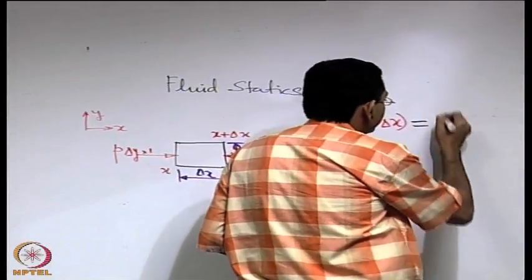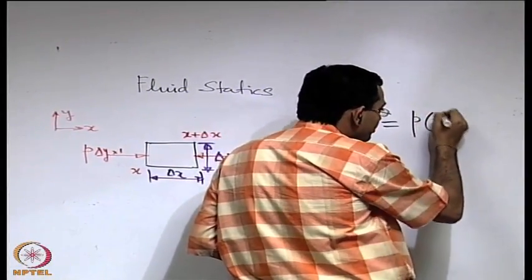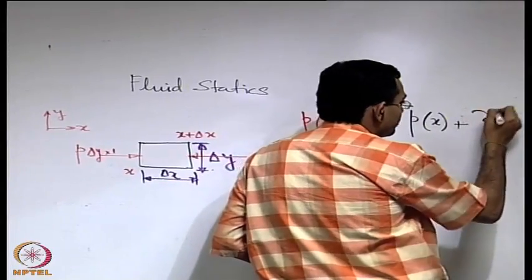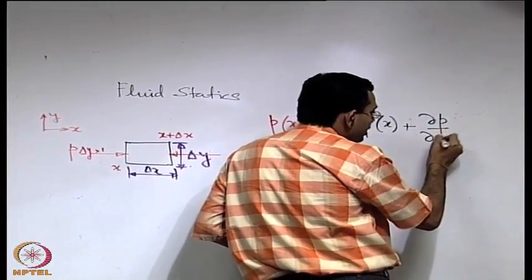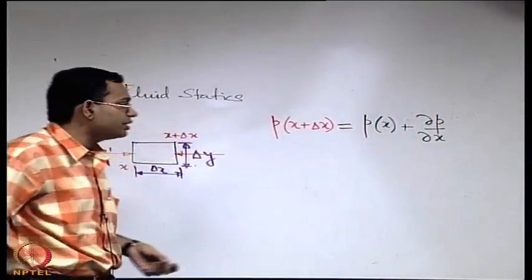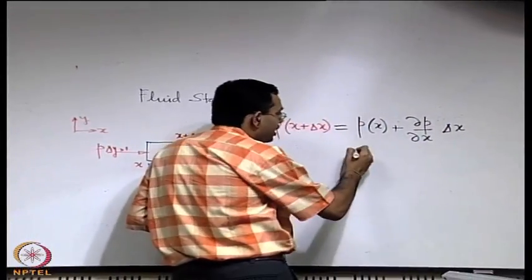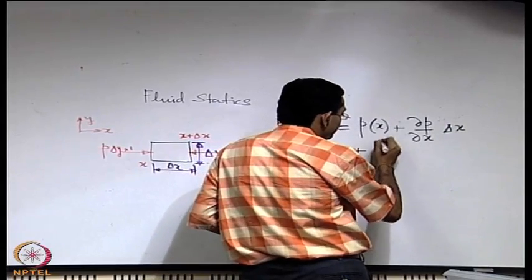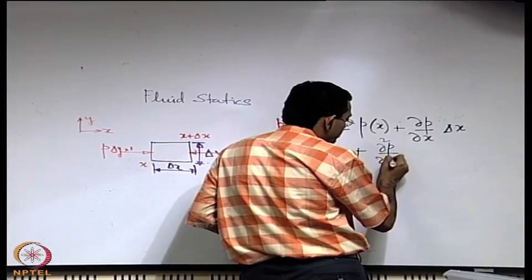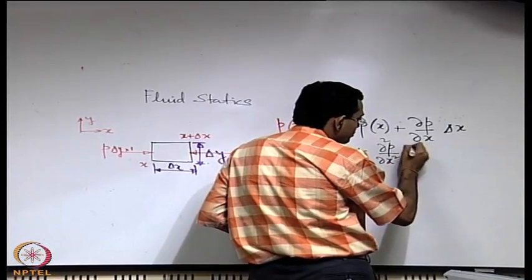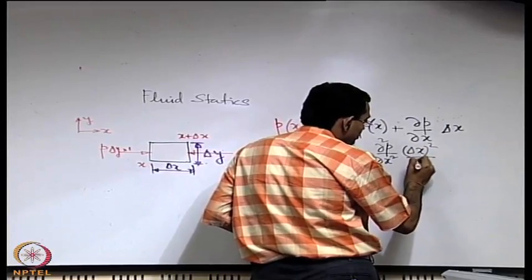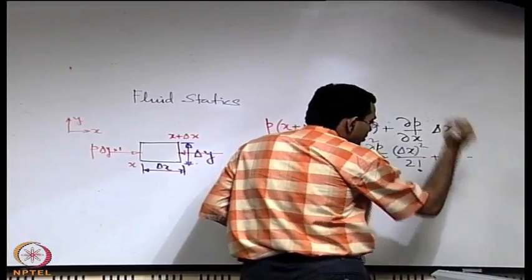We will write this as P at x plus the first order partial derivative of P with respect to x into delta x plus higher order terms, and so on.